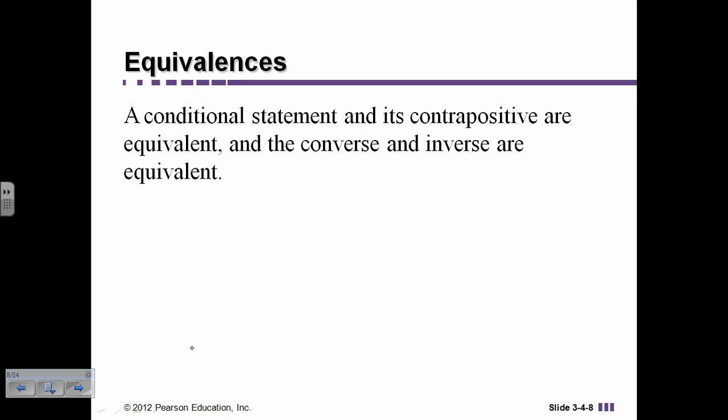All right, so a conditional statement and its contrapositive are equivalent statements. That is simply saying that the statement P implies Q is equivalent to the contrapositive, which is not Q implies not P. So simply what this means is that if I did a truth table for P implies Q and not Q implies not P, I would end up with the same final results.